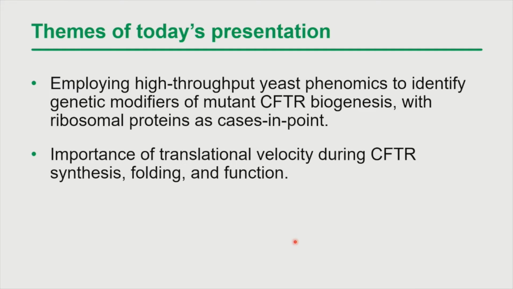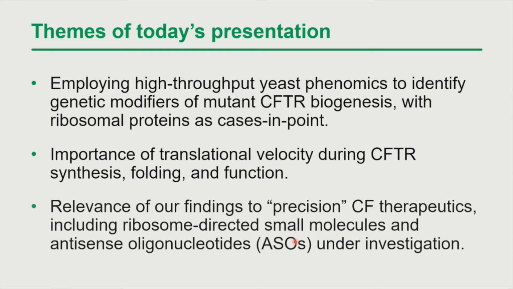Next, I'd like to highlight the importance of translational velocity during CFTR synthesis, folding, and function, and this will be primarily illustrated by knocking down specific ribosomal proteins and evaluating those effects on CFTR biogenesis as well as the translatome. And then lastly, we will discuss the relevance of our findings to precision CF therapeutics, including ribosome-directed small molecules and antisense oligonucleotides that are presently under investigation.